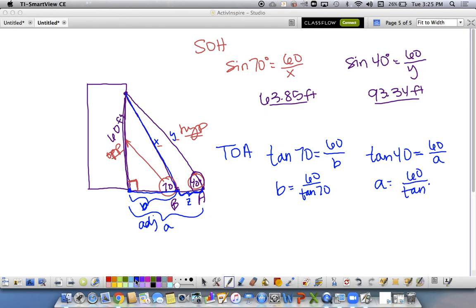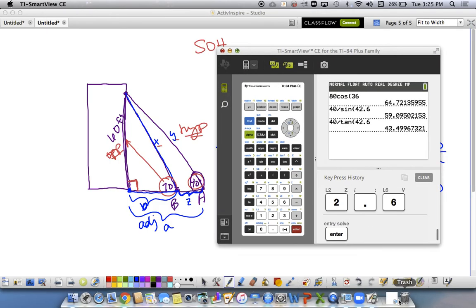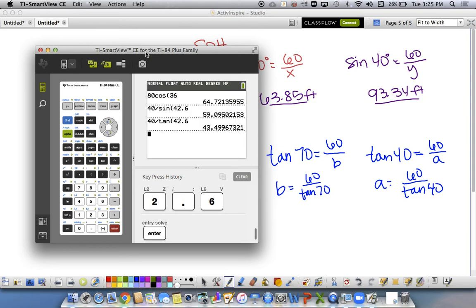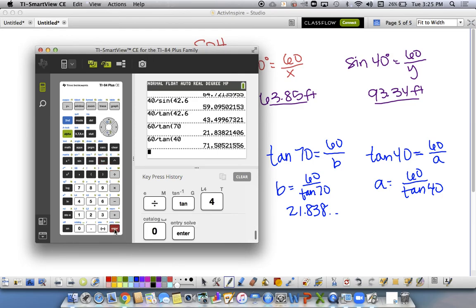I'm going to pull out my calculator, just one second. So I'm going to say 60 divided by, oops, I multiplied. 60 divided by tangent 70 is 21.838, etc. 60 divided by tangent 40 is 71.505, etc. How far away are they?